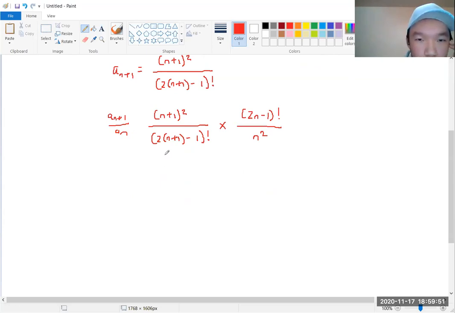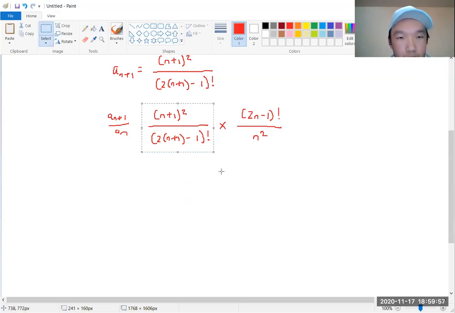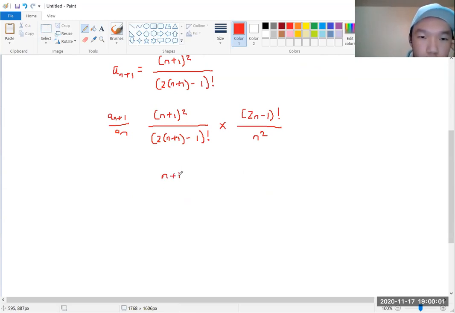I'm going to rewrite this first denominator here. So n plus 1 is fine. If I do 2 and I distribute it, I get 2n plus 2, and I do minus 1. So that's 2n minus 1 factorial. Oh, interesting. Okay.